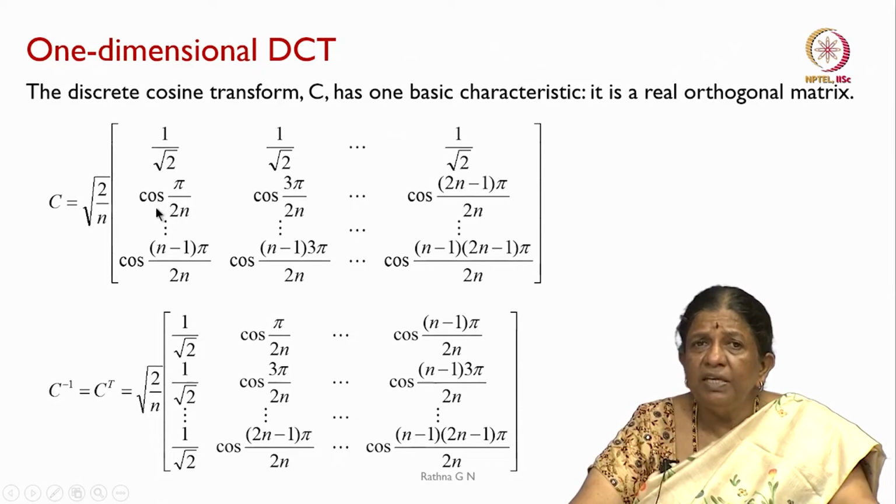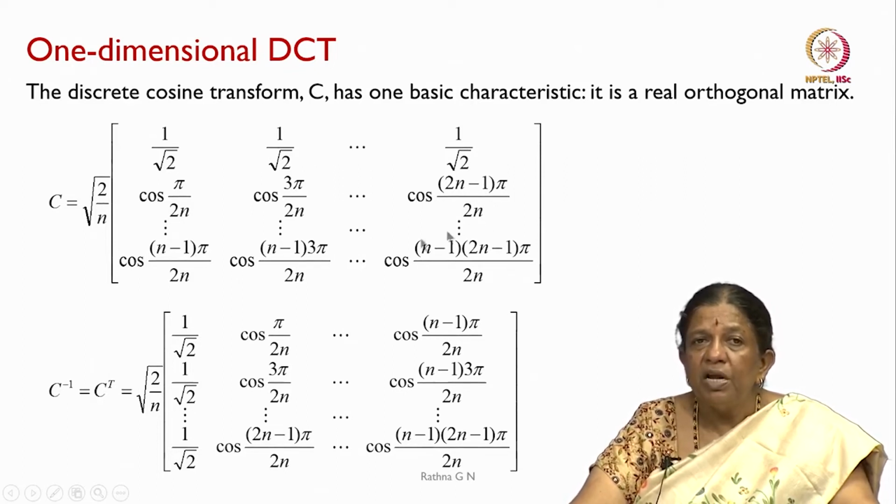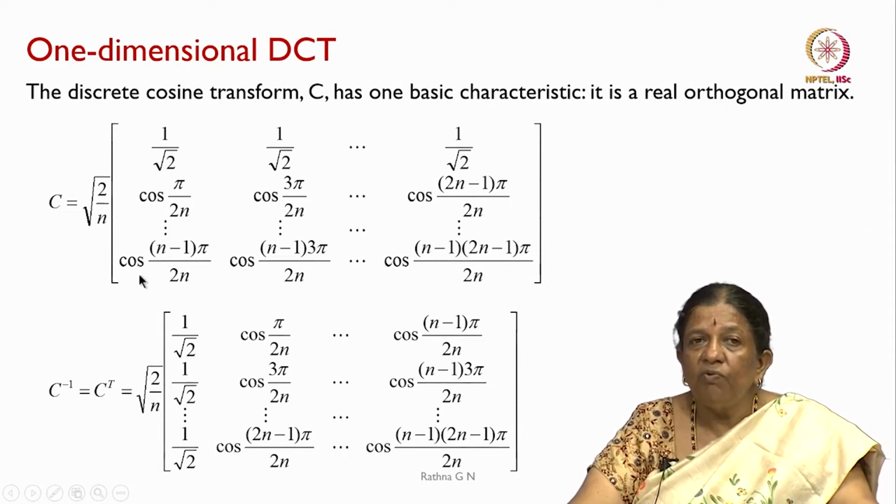The next one is cos pi by 2n and then cos 3 pi by 2n and so on. The last entry will be cos (2n minus 1) into pi divided by 2n. And in the last row we have cos (n minus 1) into pi by 2n and so on, and the last n by n entry is cos (n minus 1) into (2n minus 1) into pi divided by 2n.